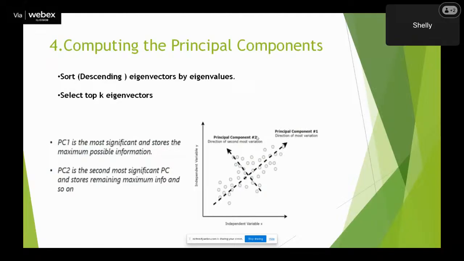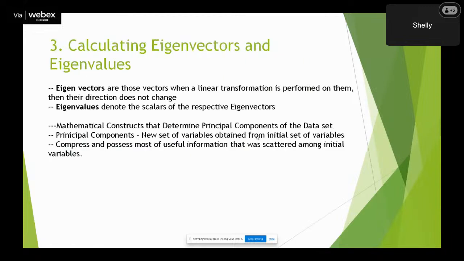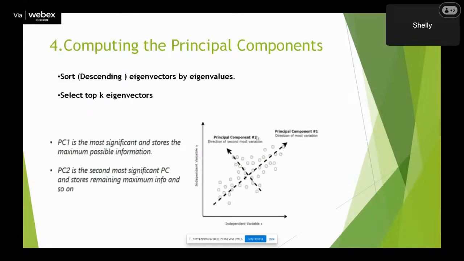Now, further moving on, while I'm trying to determine the principal components of the data set, will there be a single principal component? No, there will not be a single principal component. I'll find principal component 1, principal component 2, principal component 3, and so on. What is principal component 1?